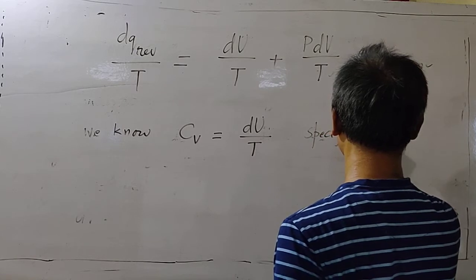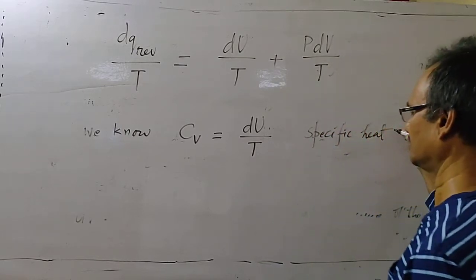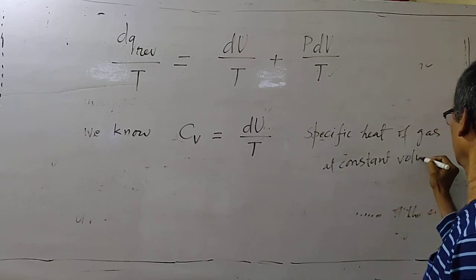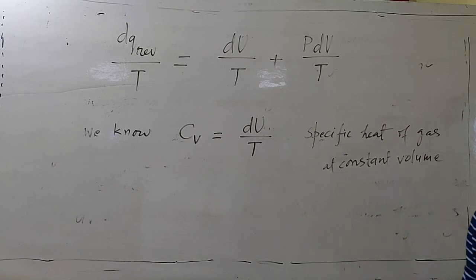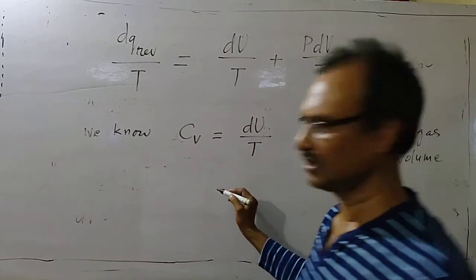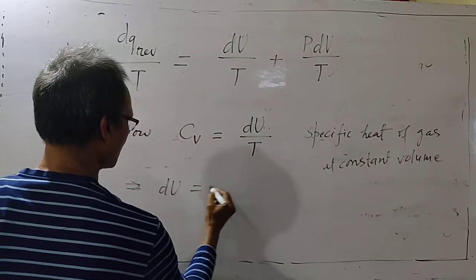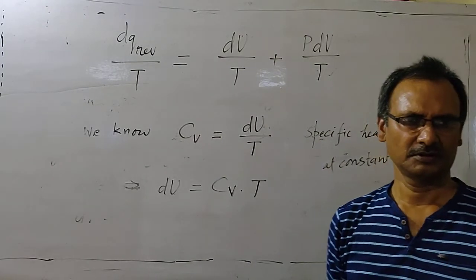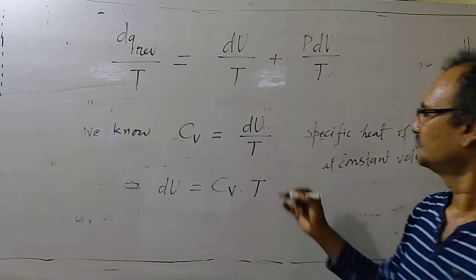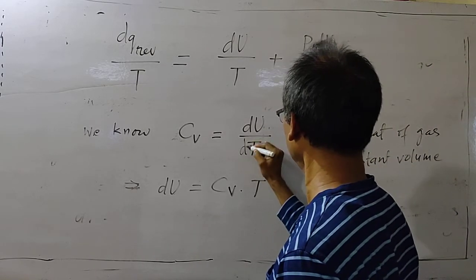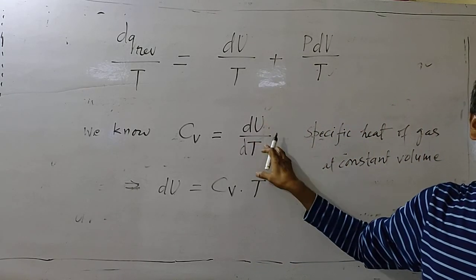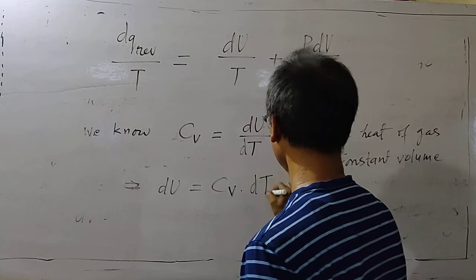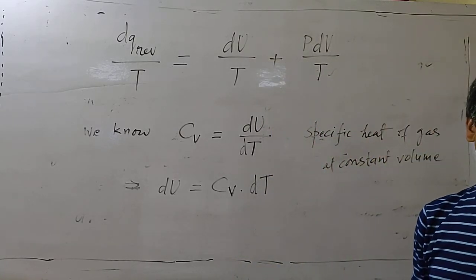Cv is equal to dU by dT. So therefore, dU is equal to Cv dT. This is for 1 mole of gas.